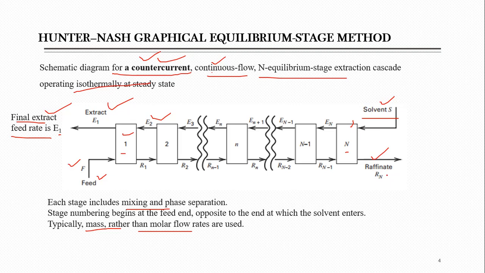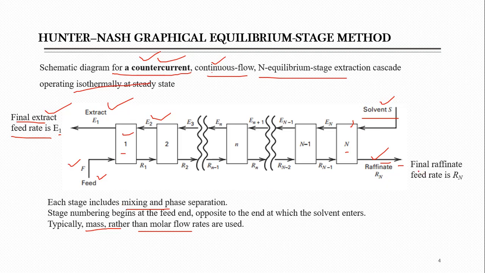Raffinate is the stream rich in the carrier, the solvent of the feed, because the feed consists of solute and solvent, and that solvent is usually named the carrier. So raffinate is rich in the feed solvent or carrier, and it leaves from the Nth stage.